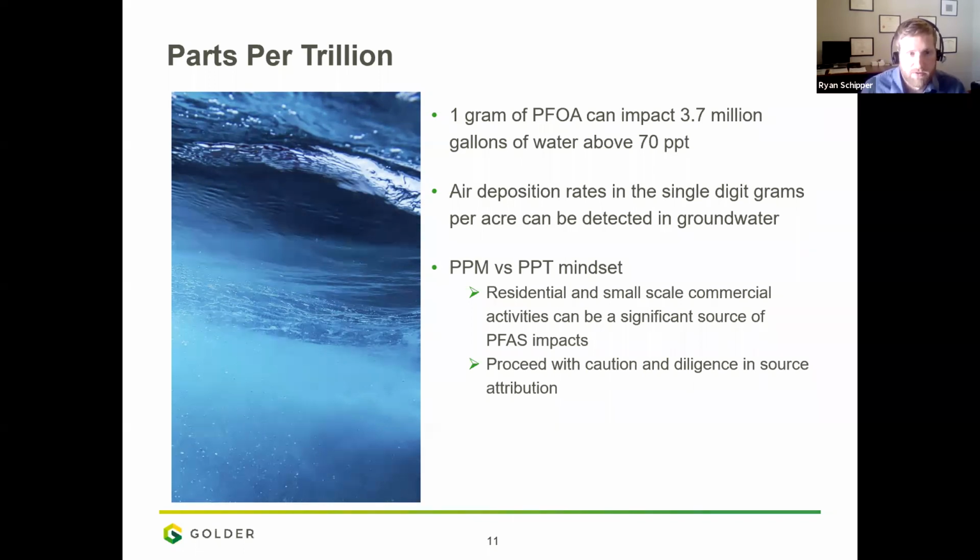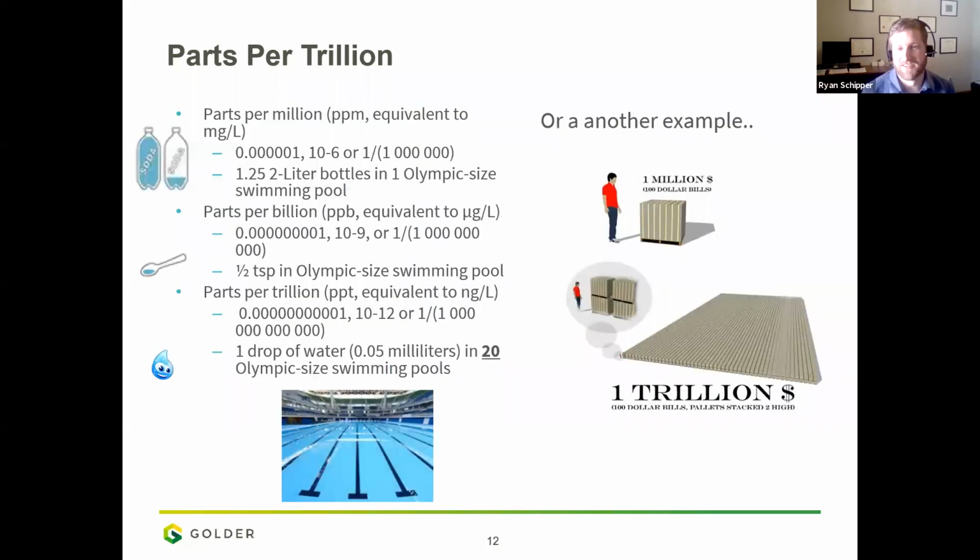So to further put this into perspective, here's an easy way to conceptualize the different concentrations. Parts per million is essentially 1 1/4 2 liter bottles of whatever constituent in an Olympic sized swimming pool.